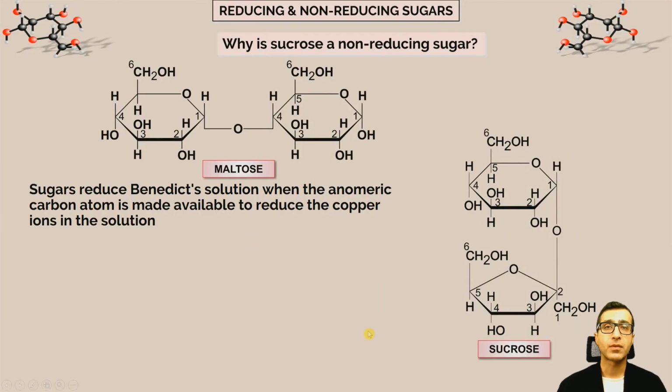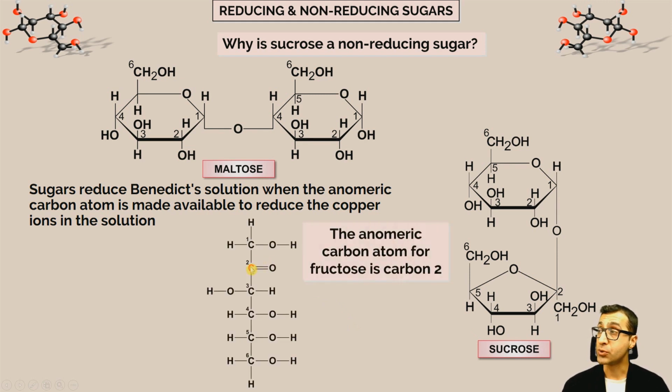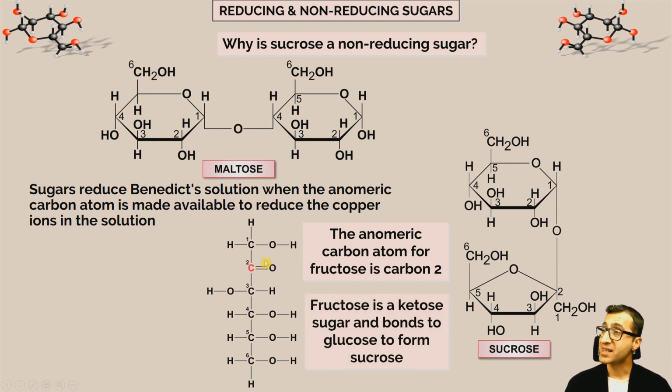Now, the anomeric carbon for fructose is actually carbon 2. So this is the straight chain form of fructose, and you can see here the anomeric carbon is this carbonyl atom here. And so fructose is a ketose sugar because this configuration of a carbonyl group in between two carbons within the main chain of a molecule, for example here, is not referred to as an aldehyde as you saw in the glucose molecule.